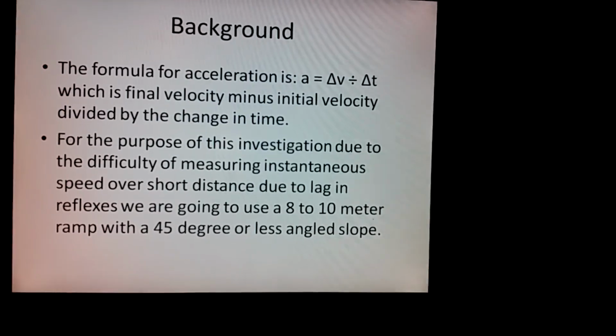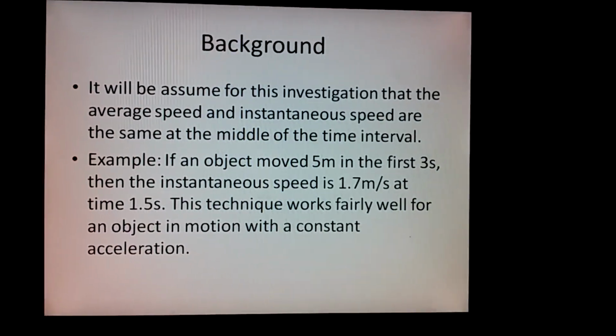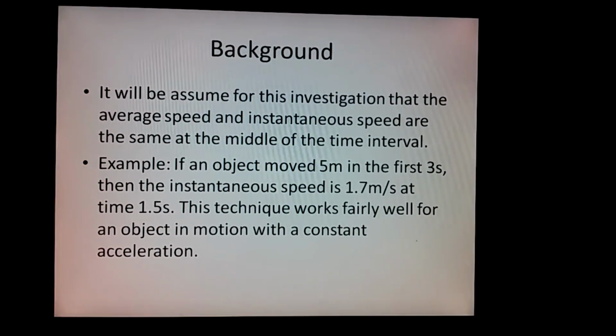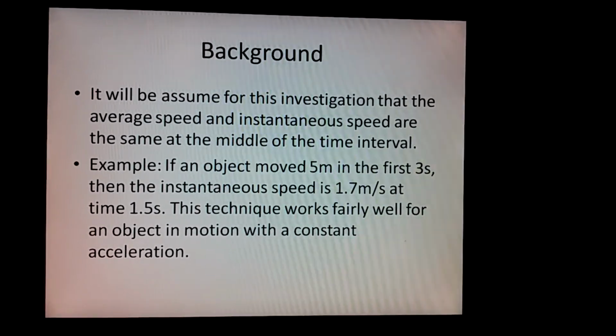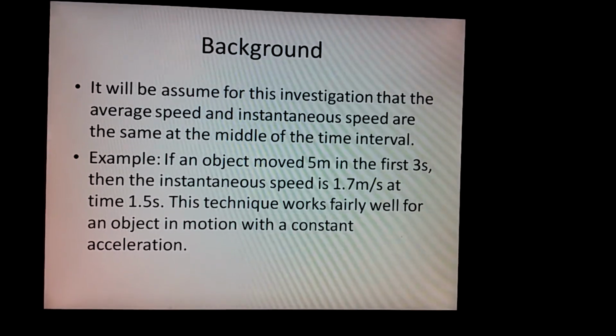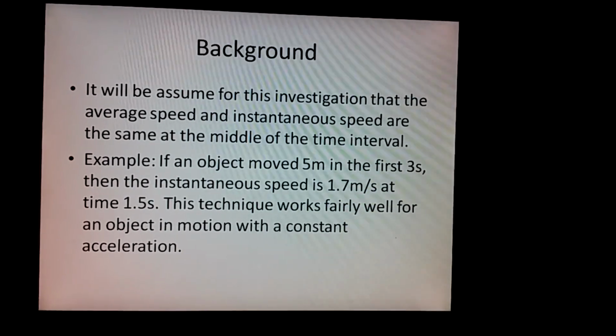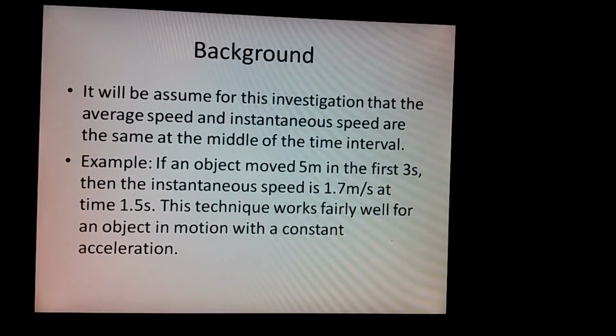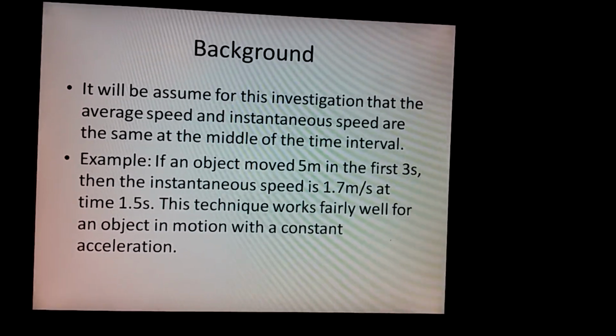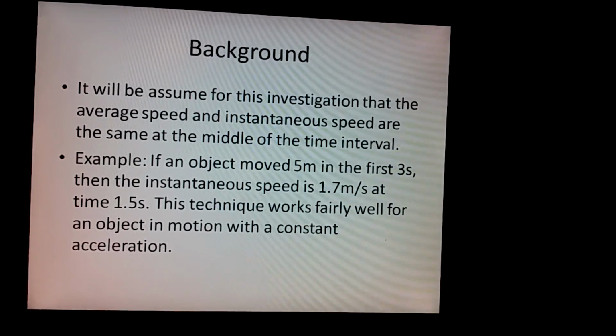That can sound a little bit like a run-on, isn't it? It will be assumed for this investigation that the average speed and instantaneous speed are the same at the middle of the time interval.